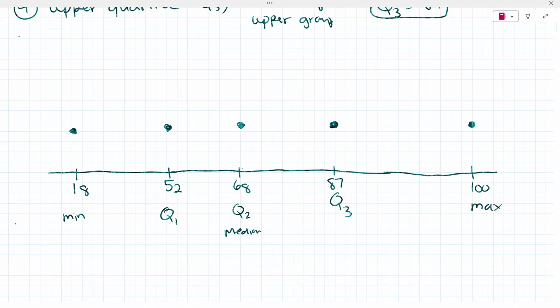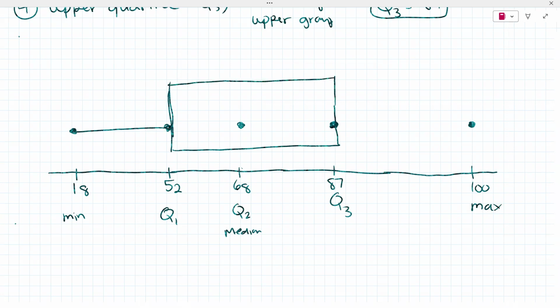Okay, so you put a little line here, and then you're going to make a little box from quartile 1 and connect it with quartile 3. And then you're going to put a little line right here. So this is quartile 1, quartile 2, and quartile 3.